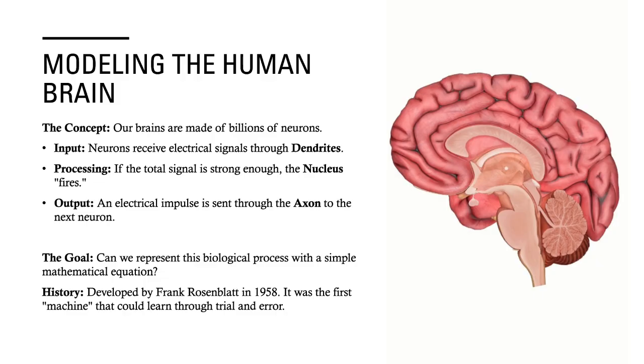The input is through electric signals that are called dendrites. They're processed through the nucleus and the output is through an axon. So what if we can mimic this through a computer or through an algorithm, or make a machine learn in a similar way?